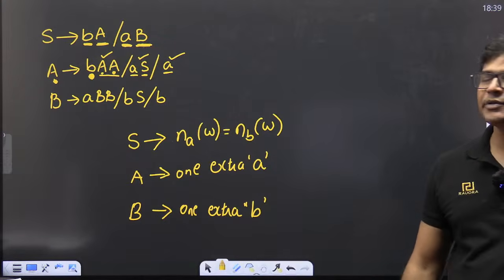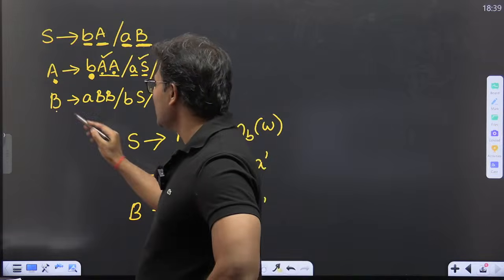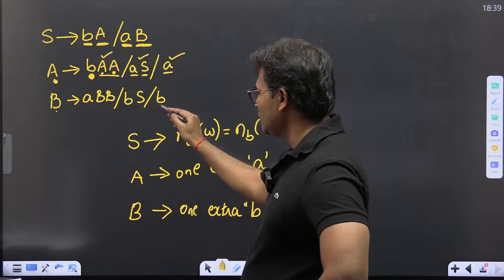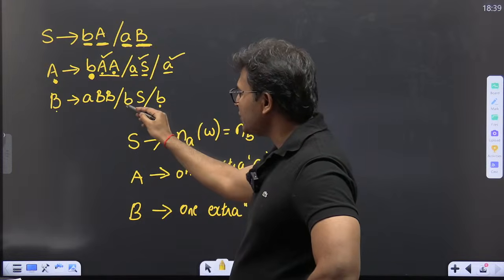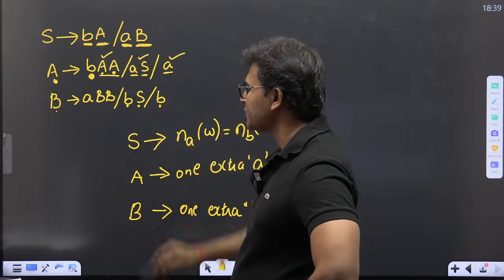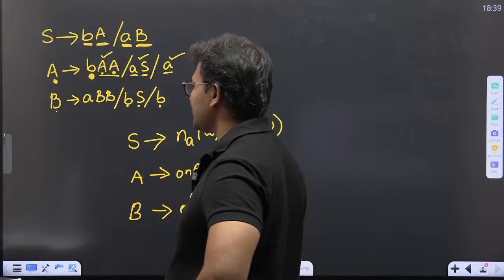Now B also can be the same. See this. B has to generate one extra B, or one extra B followed by an equal number of A's and B's. Still one B is extra.